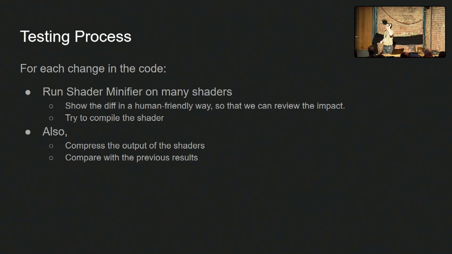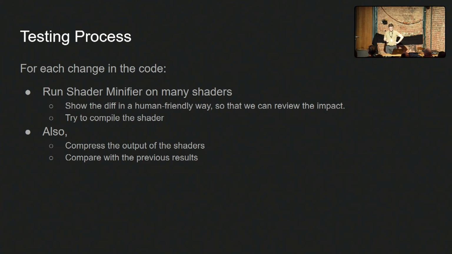We run the shader minifier on a bunch of files and look at the diff. We really wanted to know what the tool is doing, just to make sure that it's actually correct. We also run a GLSL compiler just to double check that it's still compiling.